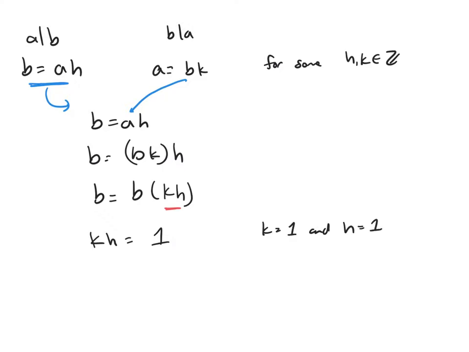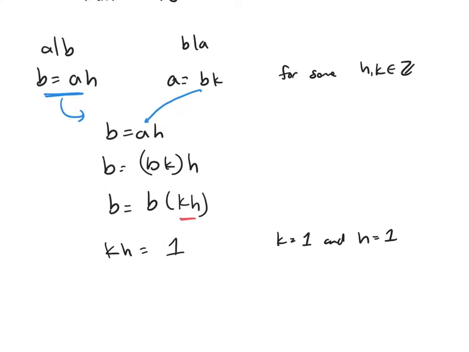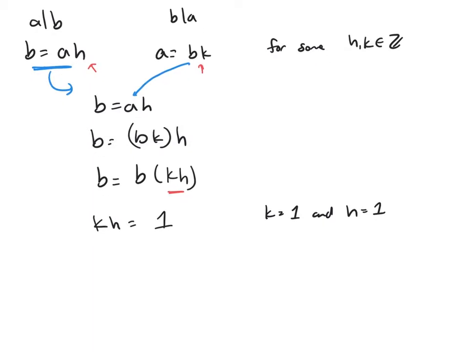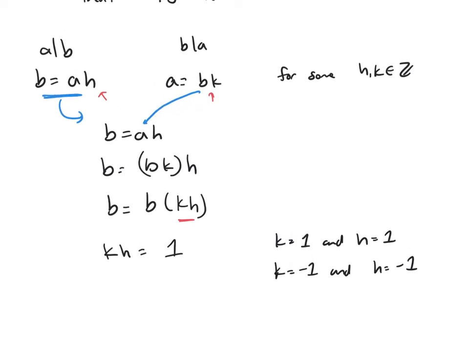If they're both equal to 1, well then that means up here in these equations, a and b would be equal, but that's not the only possibility. They could both be -1. If they're -1, looking back at those equations, a and b aren't equal.